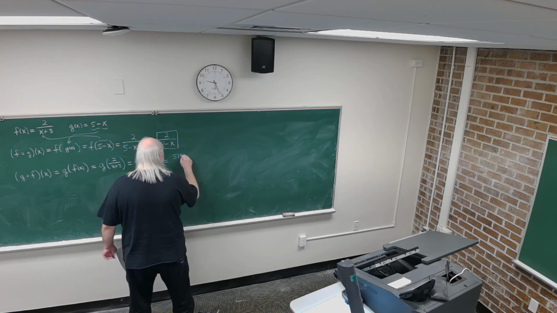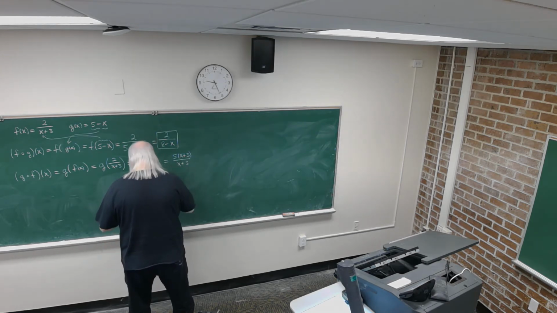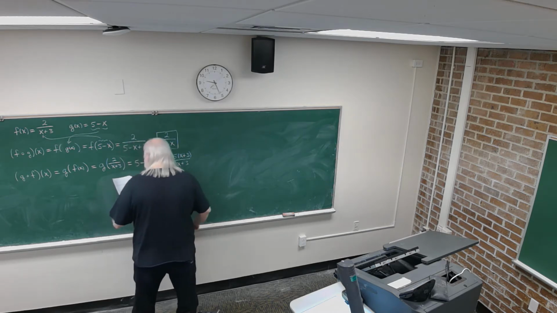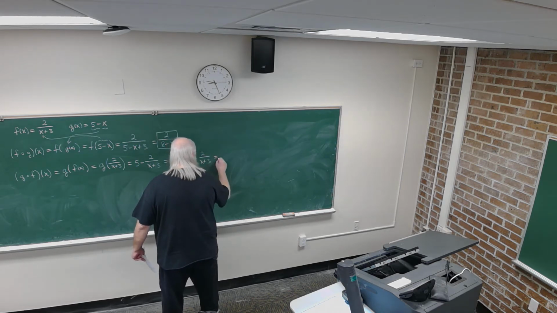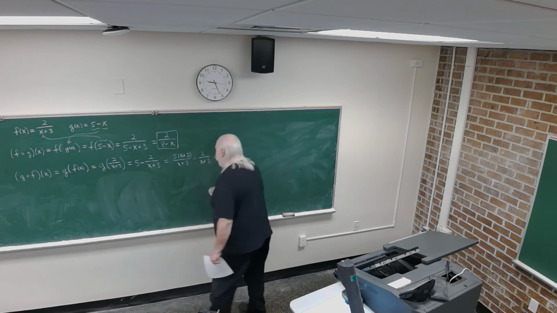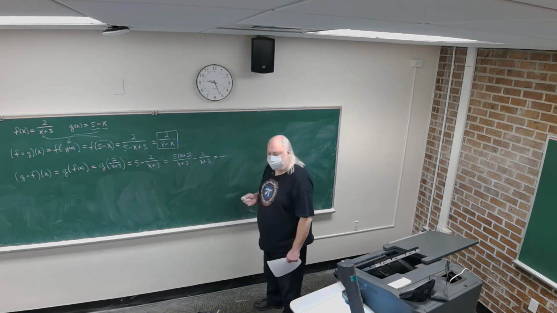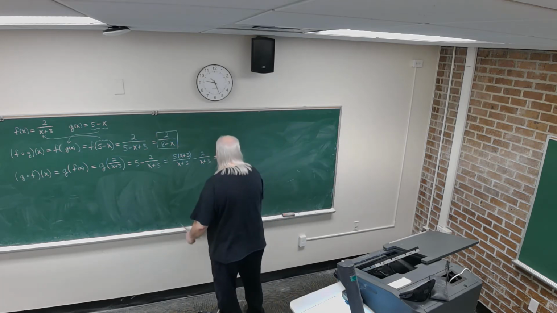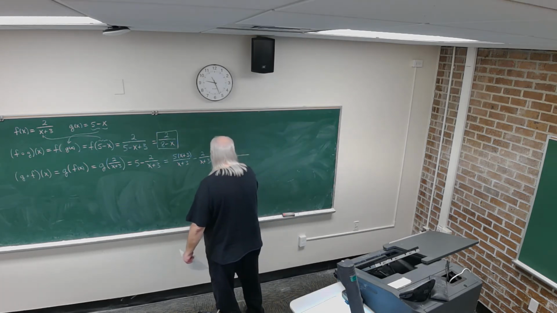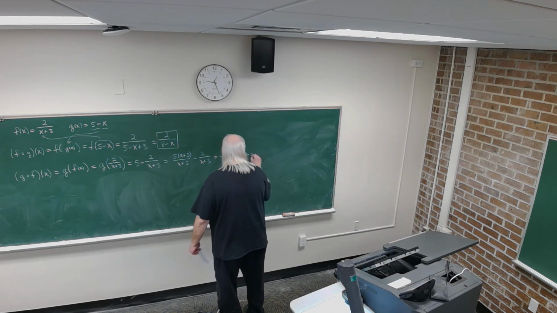And so we end up with 5 times (x plus 3) over (x plus 3), minus 2 over x plus 3. Now we have the difference of two fractions with the same denominator, so we can combine the numerators. We have 5 times (x plus 3) minus 2, over x plus 3.